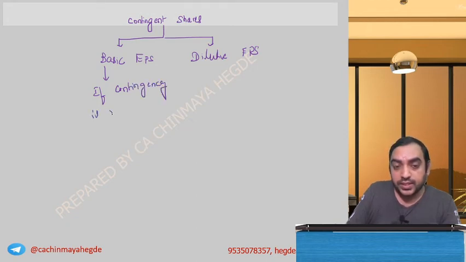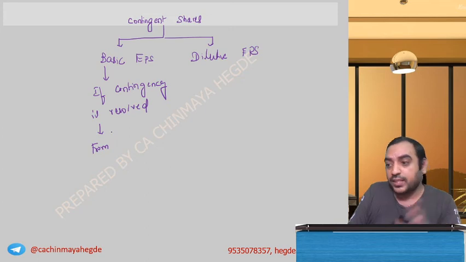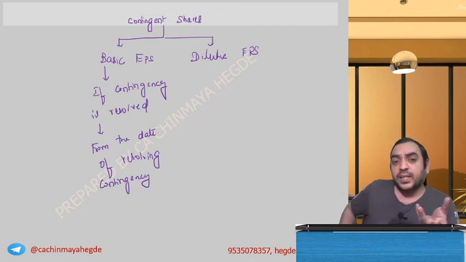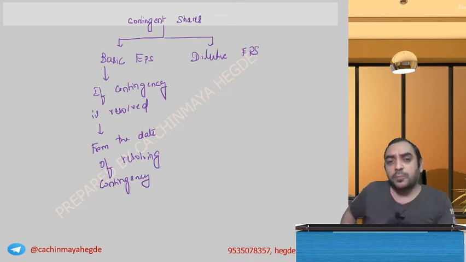If the contingency is resolved, then from the date of issue, from the date of resolving the contingency. What if in the current year the contingency is not resolved? It's not part of basic EPS.